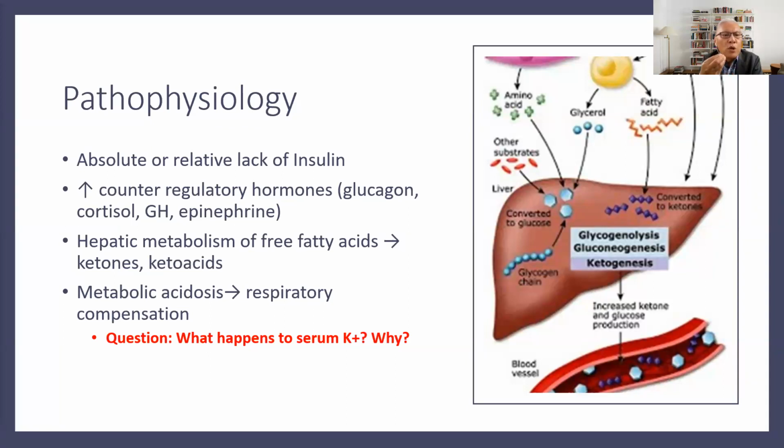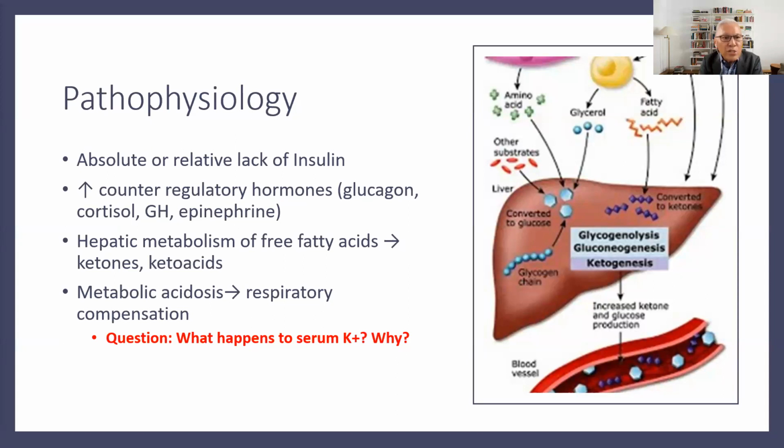And so glucagon, for example, is going to be released, as well as cortisol, growth hormone, and epinephrine. These are regulatory hormones that would try to counter-regulate the lack of insulin. And of course, as I said, the hepatic metabolism of free fatty acids is now going to be utilized, and ketones and ketoacidosis is going to be produced.